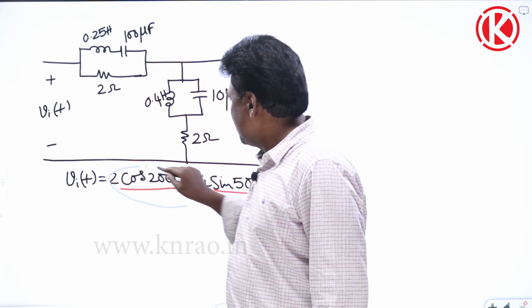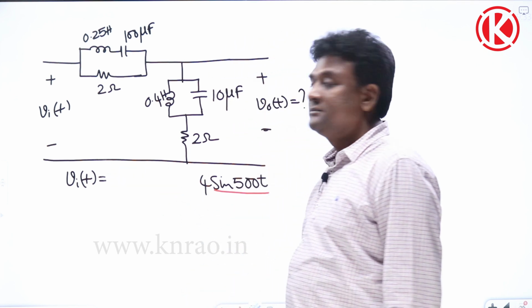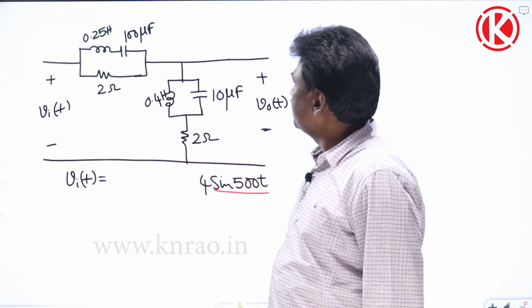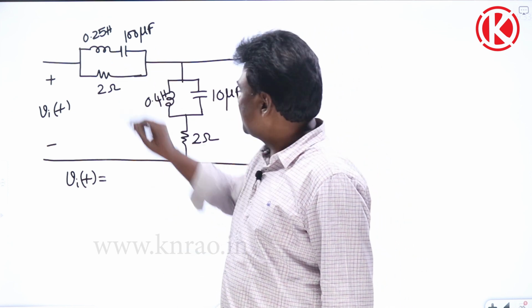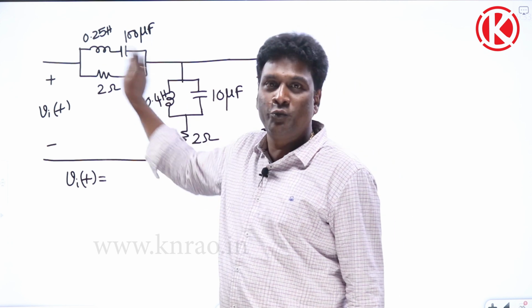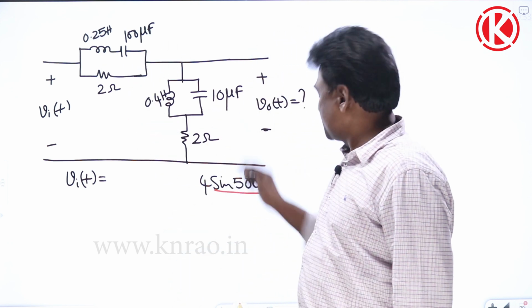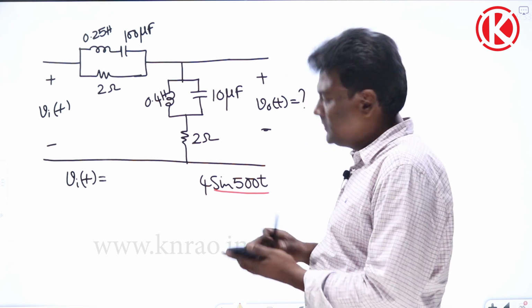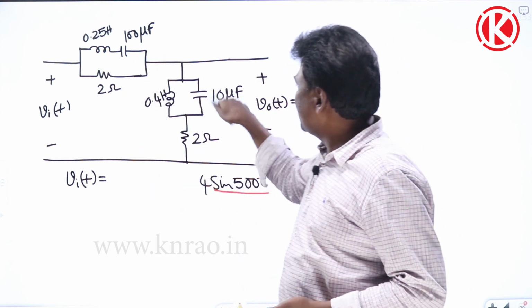Now let me consider only 500. With 200, plus j50 and minus j50 cancelled, but with 500 these two will definitely differ. Now coming to this point, some impedance will be there. Let us focus here.